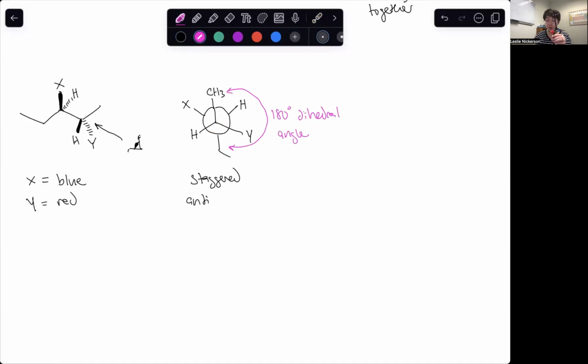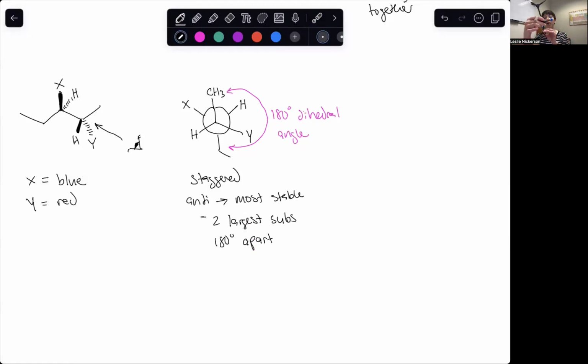Okay, so that's going to be our most stable, when your two largest substituents are 180 degrees. Okay, and that would be considered the anti-conformation.